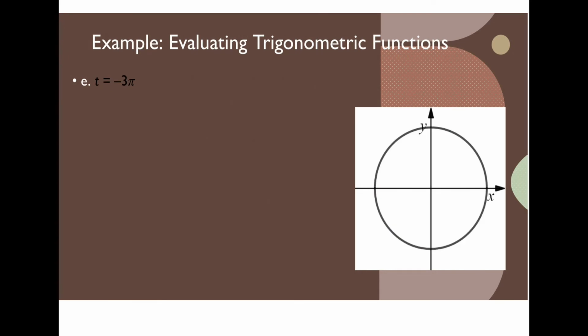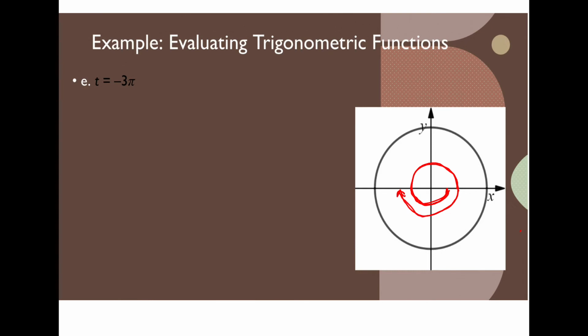The last one we have here is -3 pi, which, because we already did 0, so 2 pi would be the same. But if we go back 3 pi, where does that take us? Well, this is 2 pi's, right? Remember, pi is 180. So from here to here is 1 pi. Here to here is 2 pi. And so if I want one more pi in a negative direction, we have to go one more pi around.